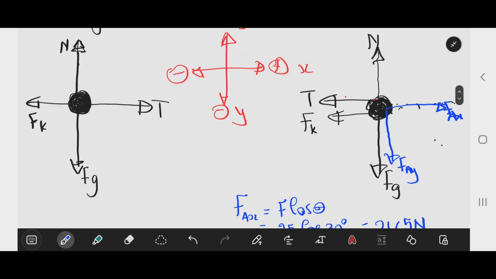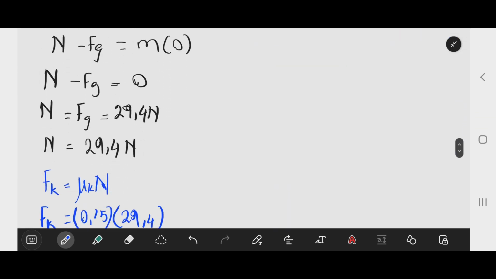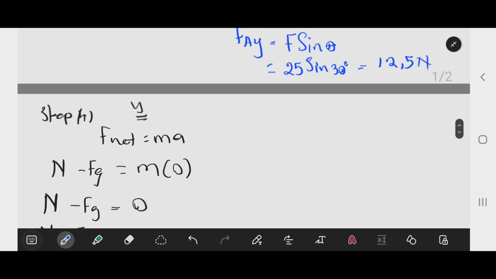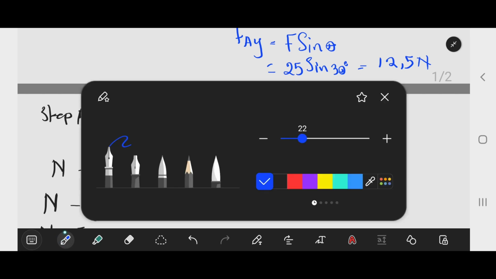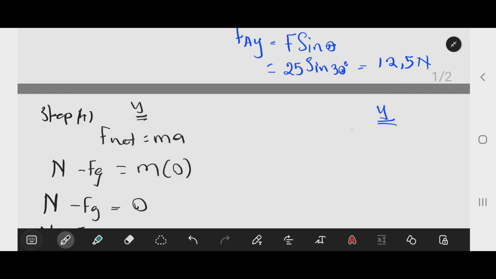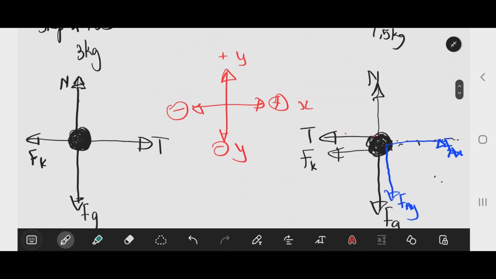Okay, so now we are done with the F net in the y-axis for the 3 kg block, and let us perform the net force in the y direction for the 1.5 kg block. So that would be F net equals ma in the y direction. How many forces do we have in the y direction?